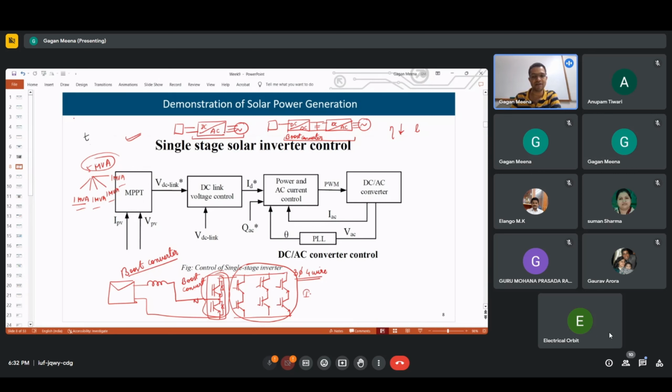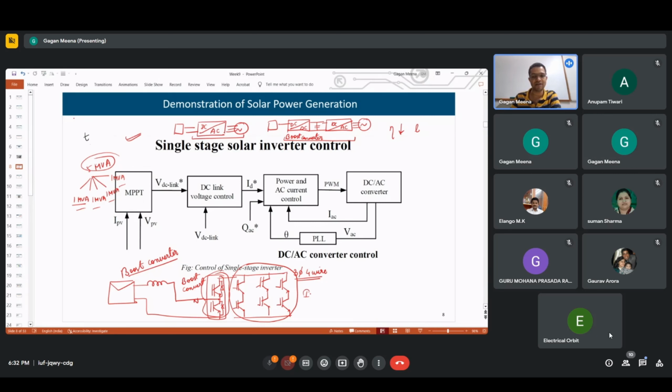And the rotor side converter will try to extract the maximum power. It will try to operate the turbine at the MPPT point to feed maximum power into the grid. That is why here we can see the MPPT algorithm.